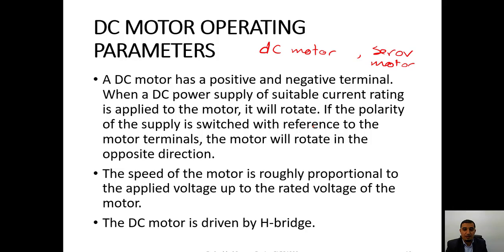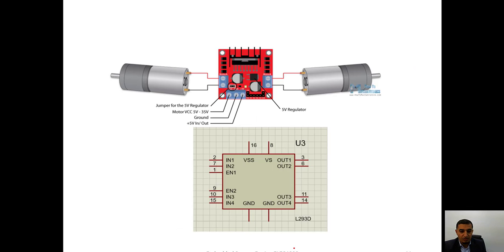So a DC motor has positive and negative terminals. When a DC power supply of suitable current rating is applied to the motor, it will rotate. If the polarity of the supply is switched, the motor will rotate in the opposite direction. The speed of the motor is roughly proportional to the applied voltage, and as you know, we use the H bridge for that.